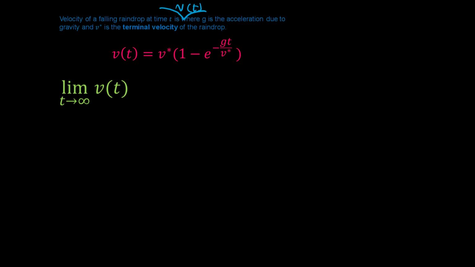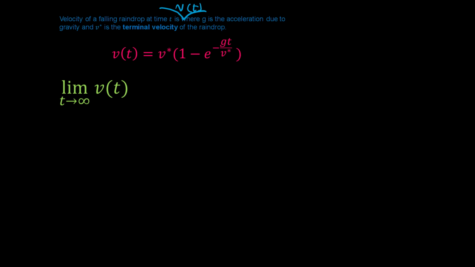We have this formula, we have this function. We want to find the limit of v, the velocity of the raindrop, when t approaches infinity. In physics, t never really approaches infinity. It means that when enough time passes, for example, after a few hours or a few minutes, something like that. But here our focus is on the math part of this question.